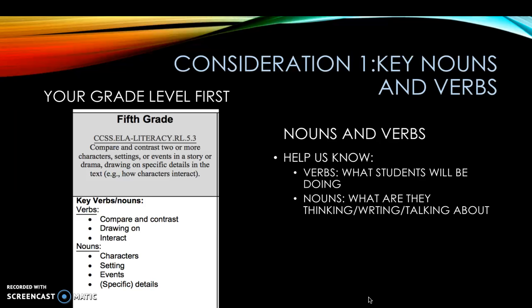As we go back to the standard and look at the important nouns, we're looking at characters, setting, events, and specific details. Analyzing the verbs helps us to know more about what students will be doing. Analyzing the nouns helps us to know what they are thinking, writing, or talking about.